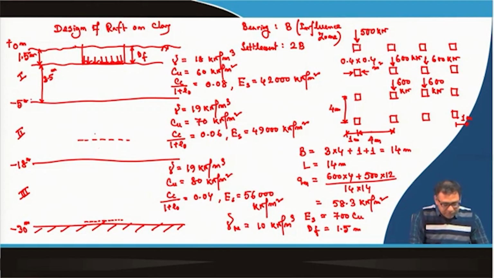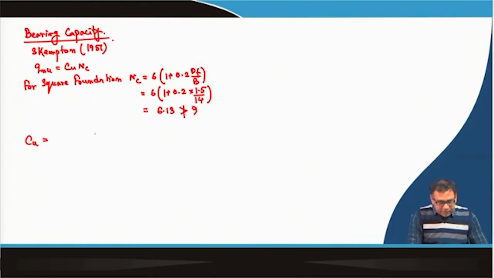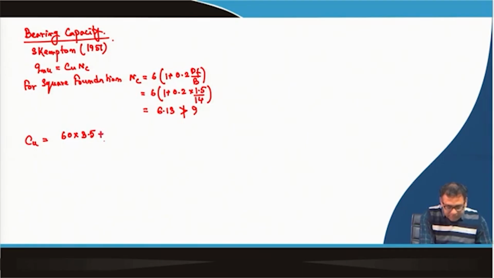So, Cu value will be 60 for the top layer, 3.5 thickness, then the bottom layer is 70 into 10.5, total is 14. So, Cu value is 67.5 kilonewton per meter square.